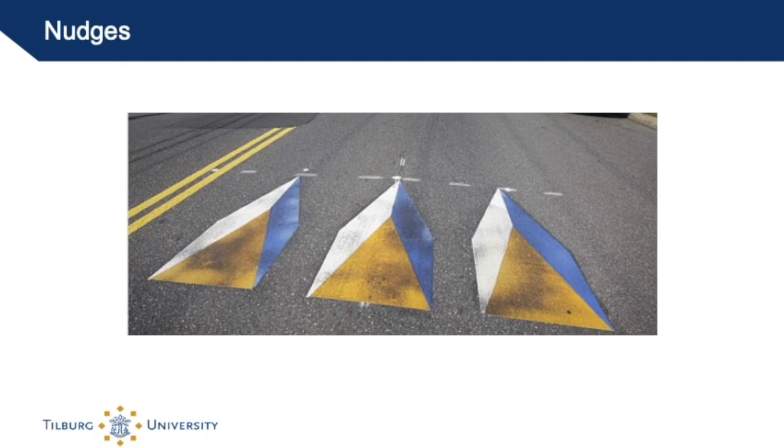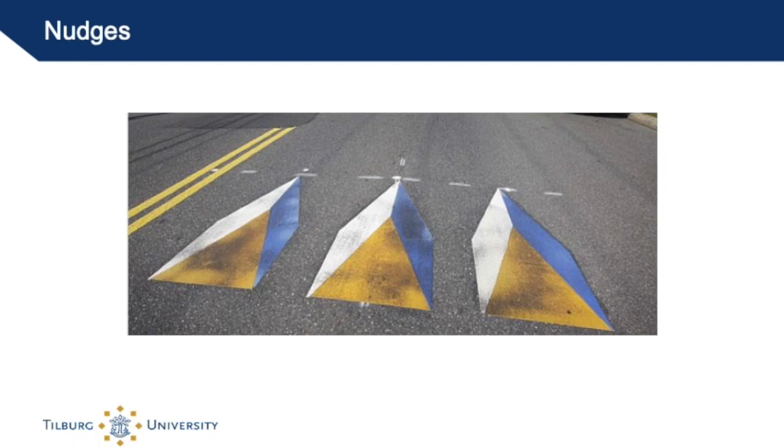Here's another example where road planners have painted visual illusions of speed bumps onto a street. That's actually in Philadelphia. That also makes people slow down because they think that there is a speed bump there, but there's actually not.